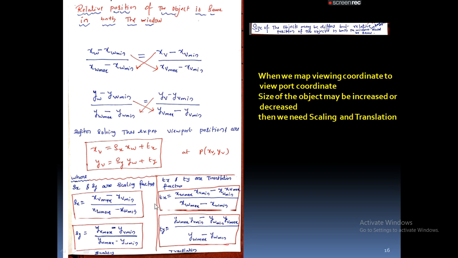Similarly, we have tx and ty, which we know are called translation distances. Why do we need these translation distances?